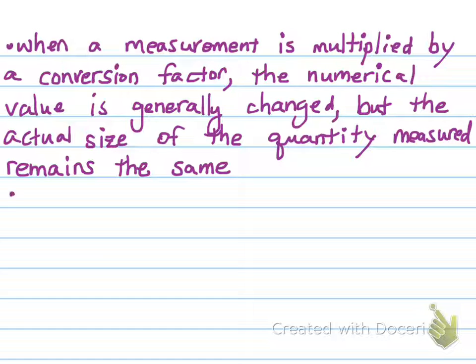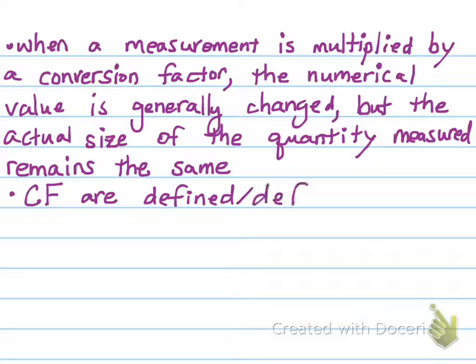And because we've talked about significant figures, we will have to pay attention to significant figures. Conversion factors are defined, or we can say that they're definitions. And remember, there were 2 times when we had unlimited significant figures. One of them was definitions.